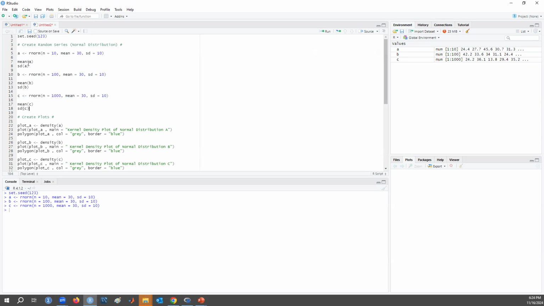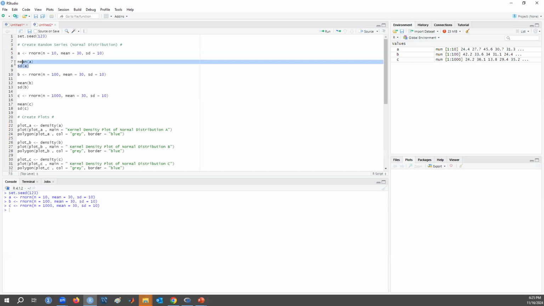Now let's take a look at the mean and standard deviation from each sample. Again, these are all being drawn from the same normal distribution population. The only difference is the number of observations.